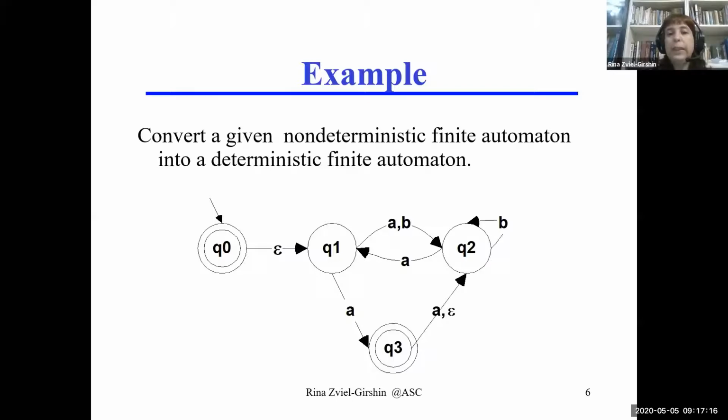So basically the idea here is to start drawing. You start your solution with the epsilon closure of Q0. And then for each input letter, you check to which states you can go. You unite all the states, and you also use epsilon closure for those states.